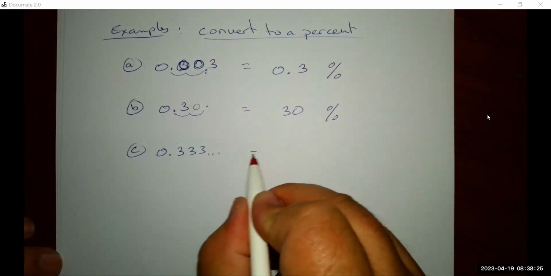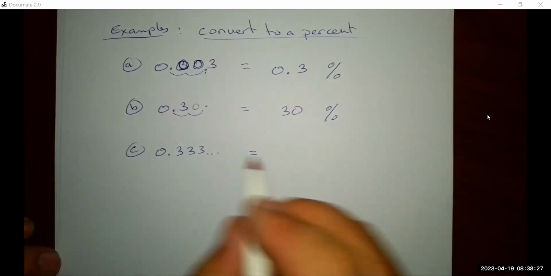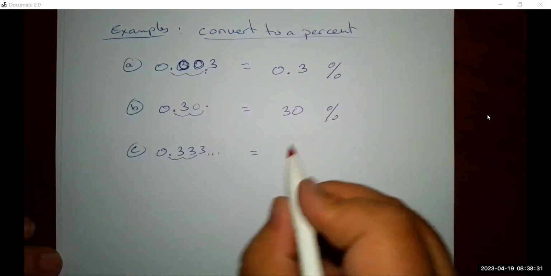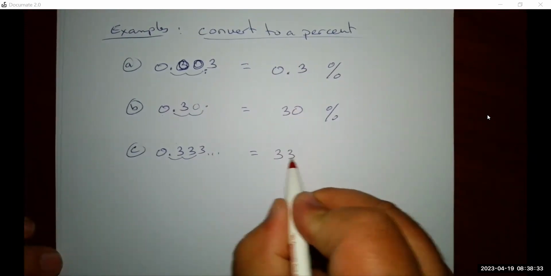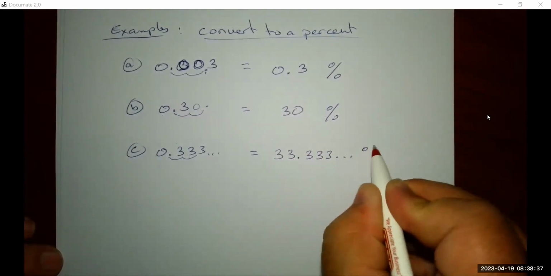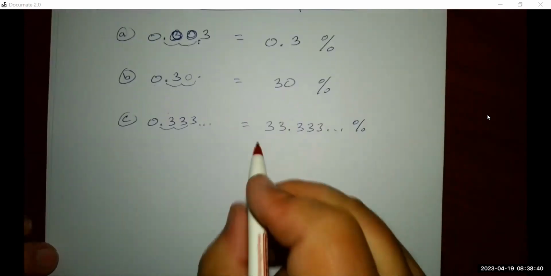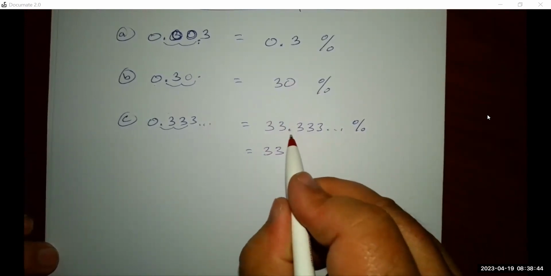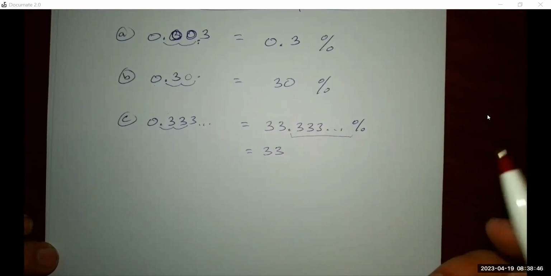Infinite threes. Again, you move it over 2 spaces and put a percent. Now, we know how to convert this to a fraction.